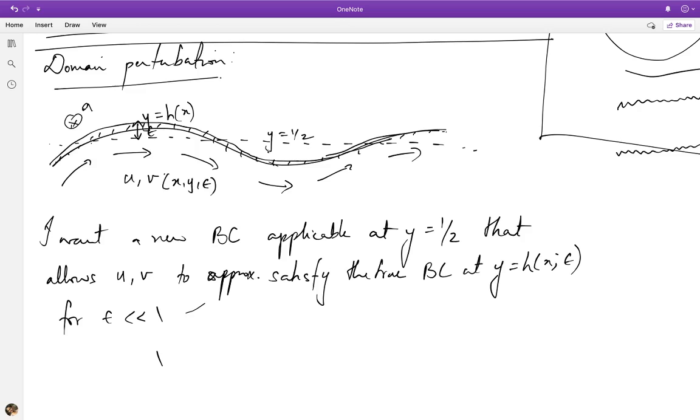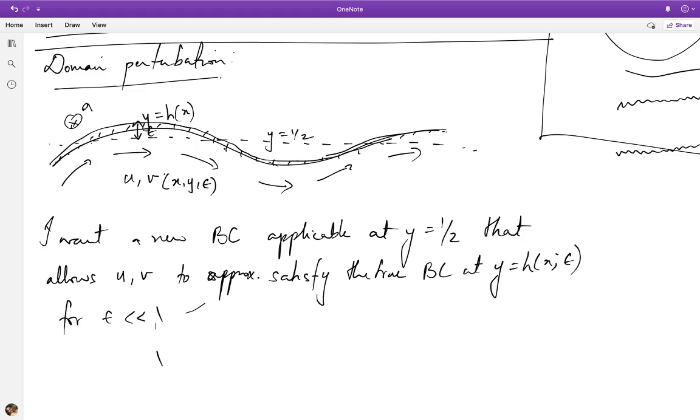So when I say replace the boundary condition at y equal to h by the boundary condition at y equal to half, what I'm really going to do is rewrite the fields at y equal to h in terms of their value at y equal to half using a Taylor series, and then substitute that into the boundary condition.